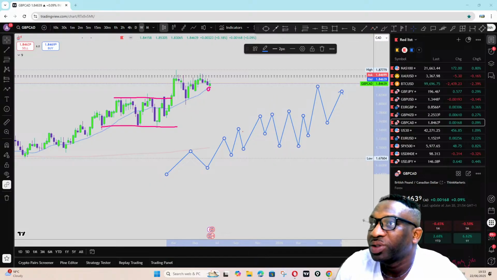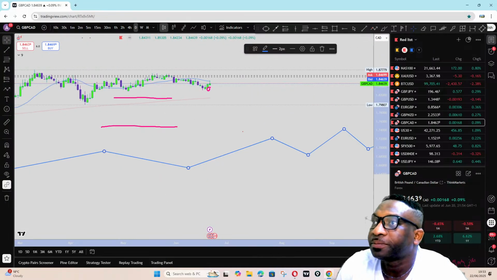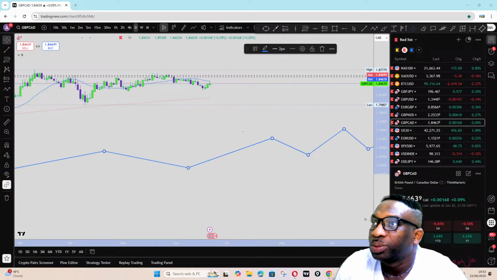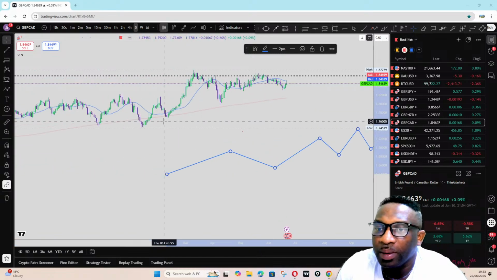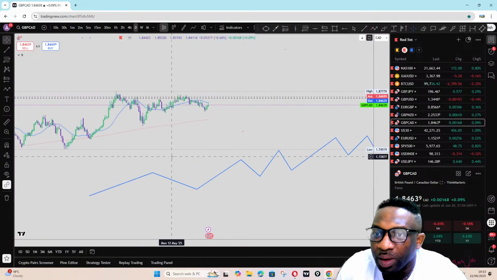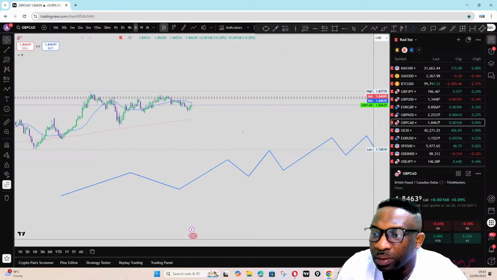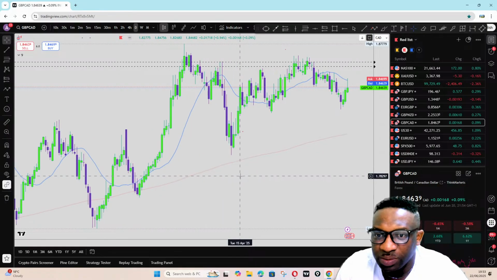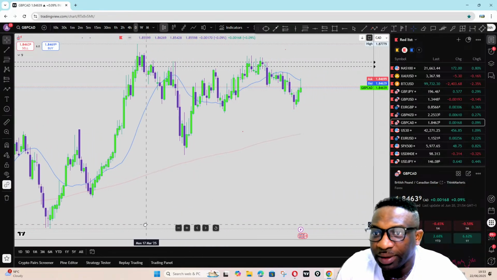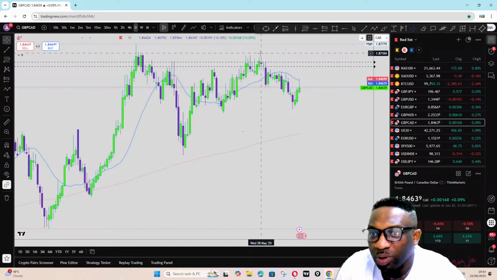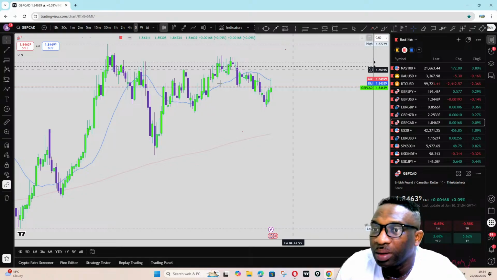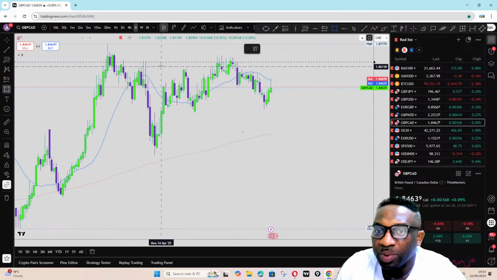So we go down to the smaller time frame, and we get to daily. On the daily as well, this is what we have. We can see currently price is more or less moving sideways from this point on.